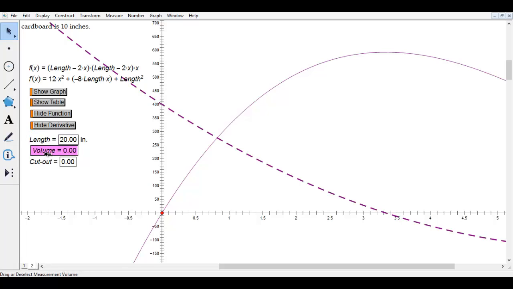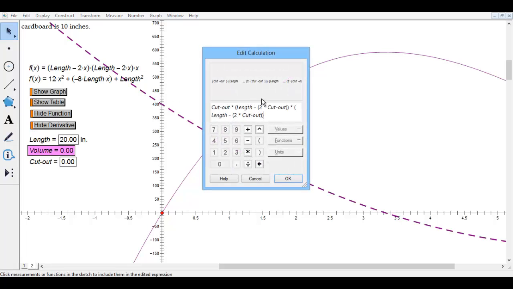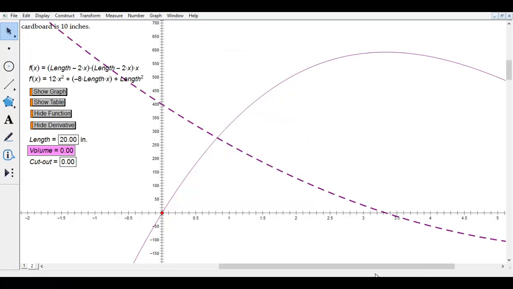And then for the volume, like I said earlier on the function, you can change this to fit other optimization problems where it's not a square cardboard. So just create another parameter, let's say width, and then change the value of one of the lengths to width or something like that.